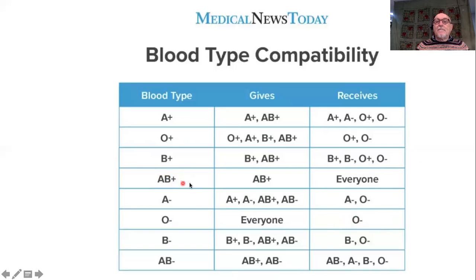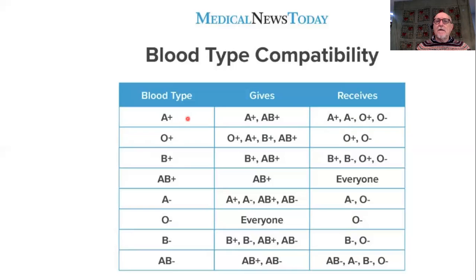AB positive can donate only to AB positive, but they can receive from everyone. So they are a universal acceptor. So just work through this table. It's like a Sudoku. And you work out, when you see this, remember in your brain, what does this blood corpuscle have on it? It has A protein.